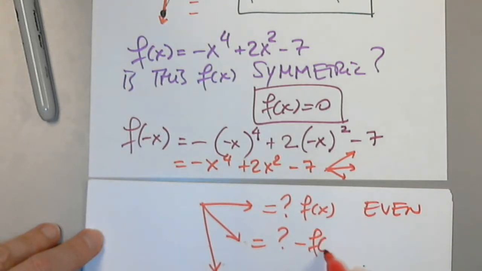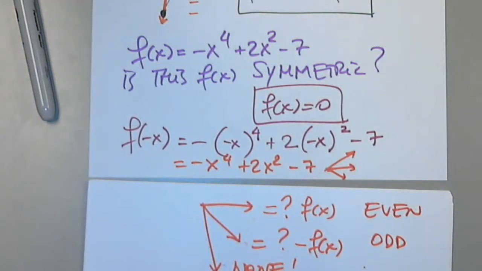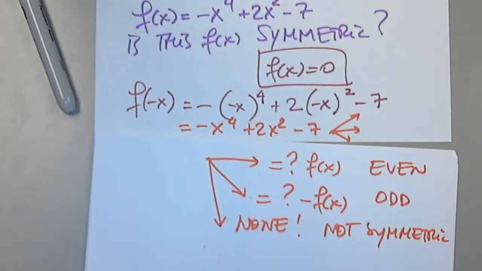Negative f of x. Awesome. If the answer is yes, what will I conclude about the function? Odd. Good. Or none of the above. It's not symmetric. Exactly.